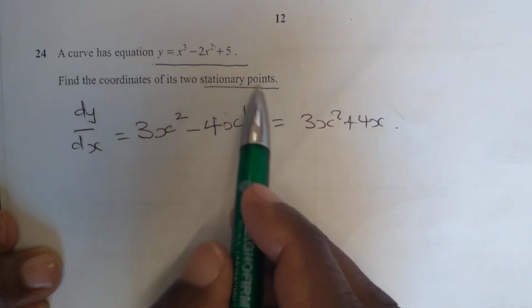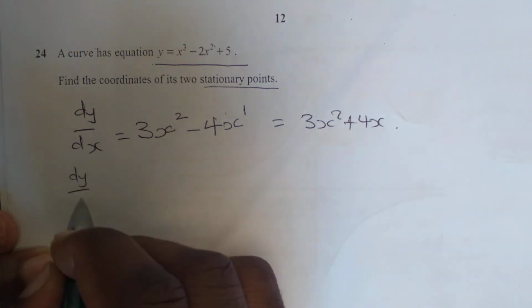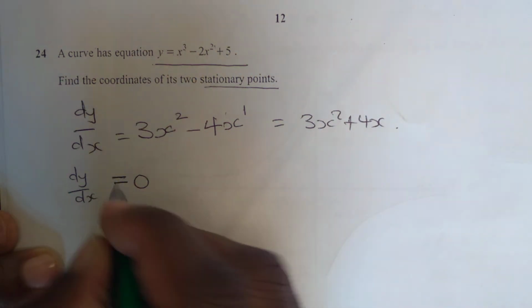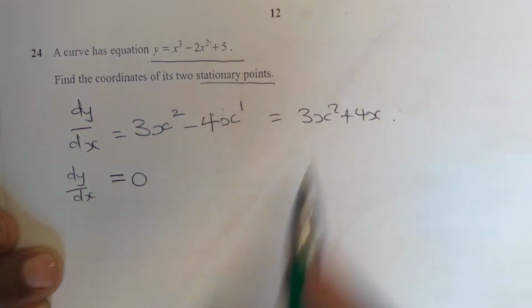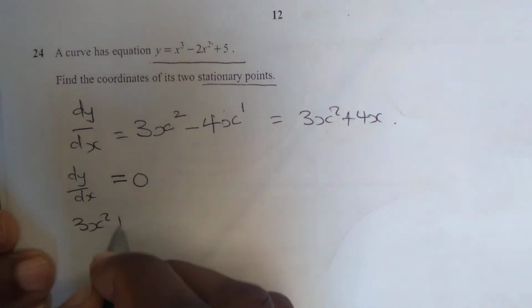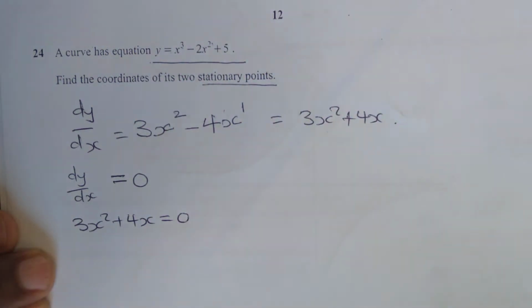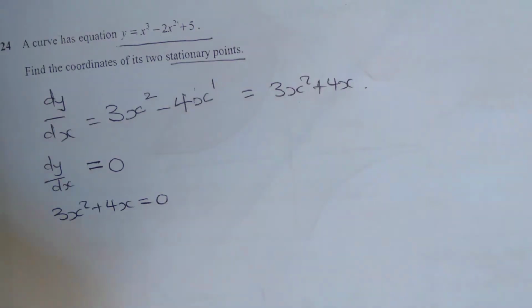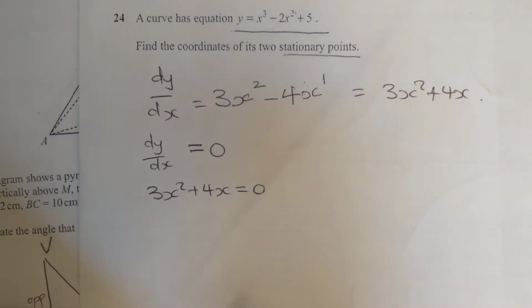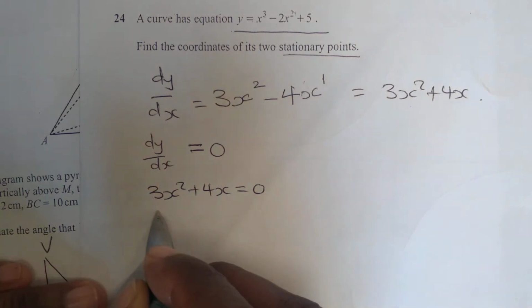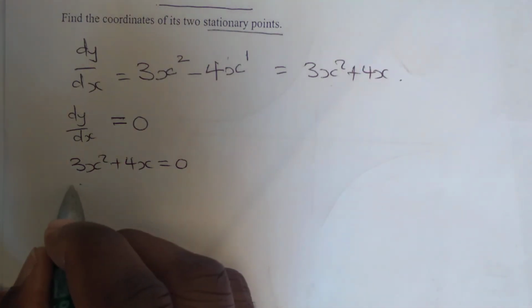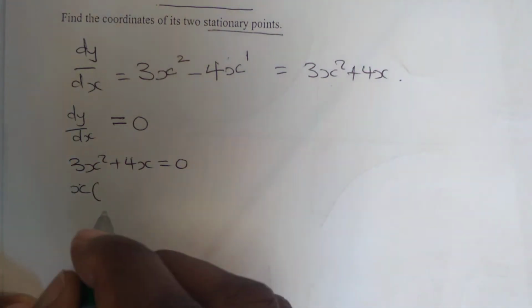Right, at the stationary points, we know that dy dx must be 0. So because dy dx equals 0, we can simply equate this 3x squared plus 4x to 0, and we go ahead and calculate. So this is a factorization kind of a question.